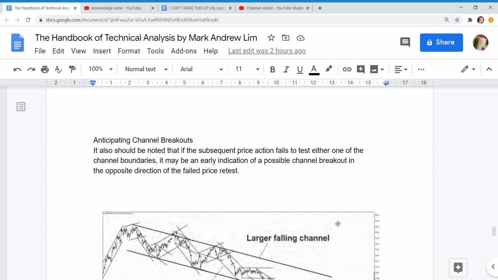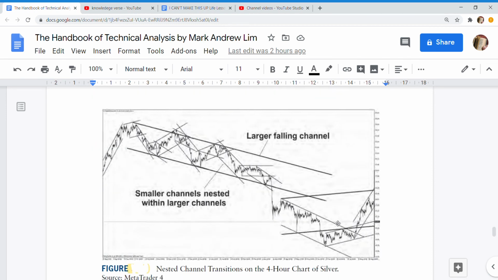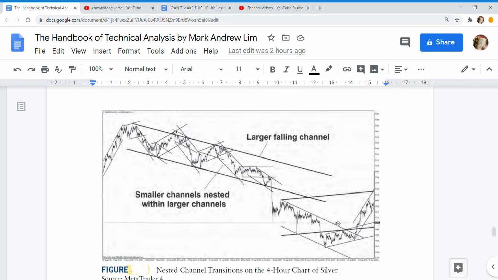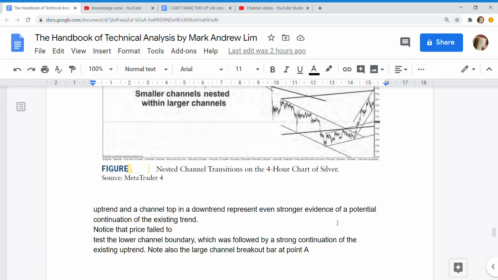Channel top in an uptrend and a channel top in a downtrend represent even stronger evidence of a potential continuation of the existing trend.